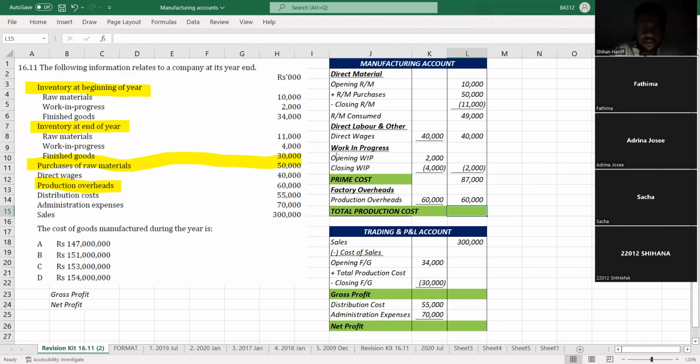So I got correct answers. Yeah, 147, not 49, it should be 47. Yeah, good.